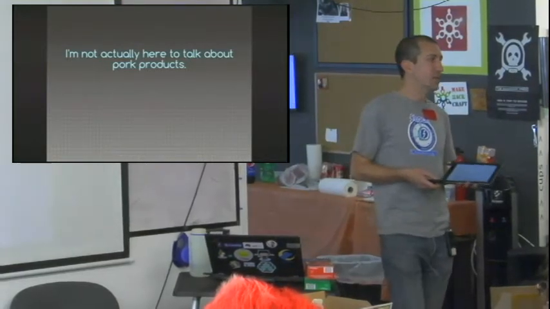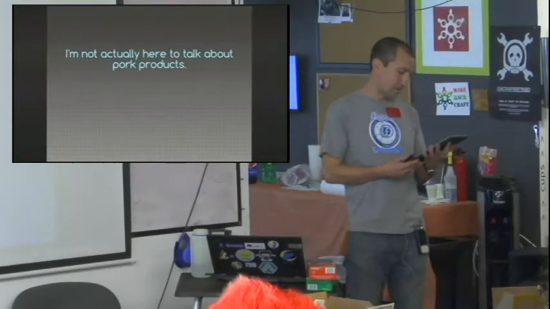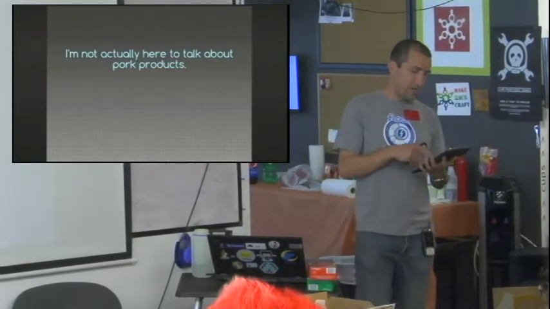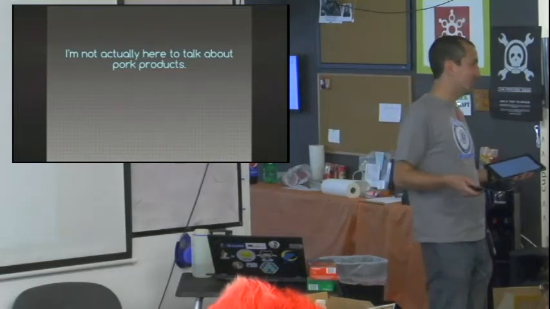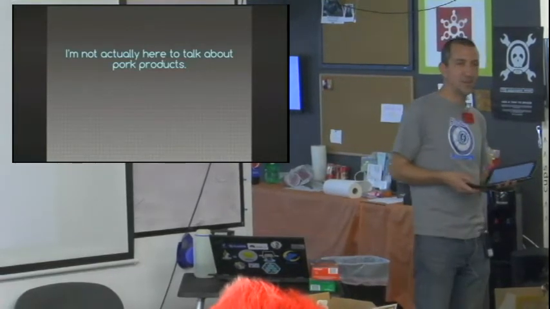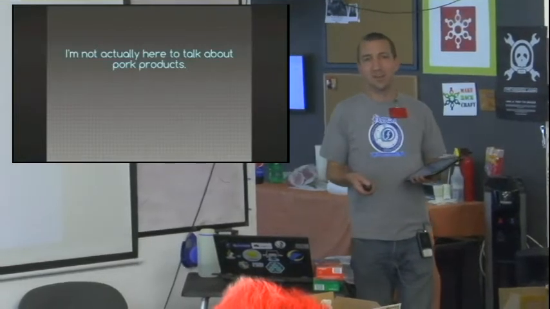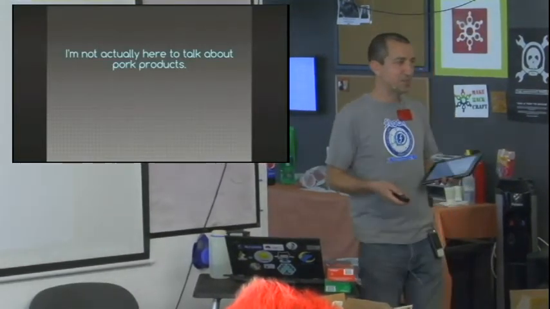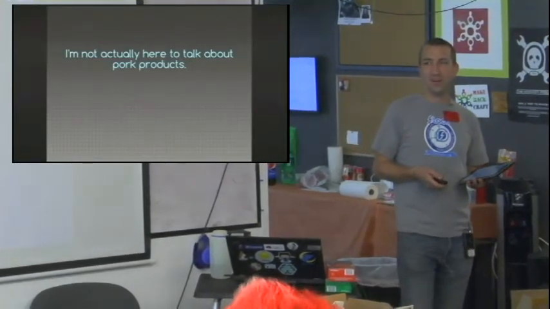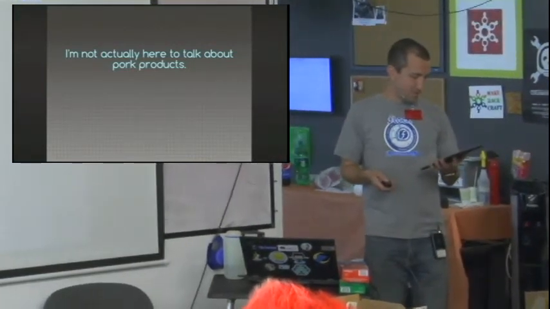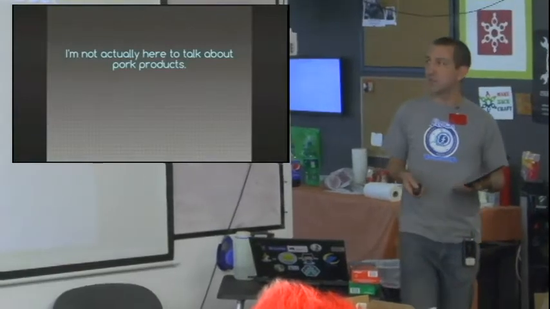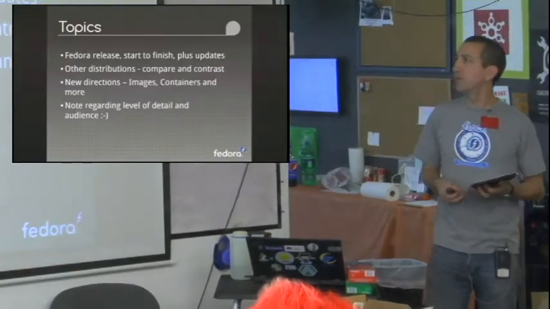So I think it's interesting and it's worthwhile to talk about. And unlike not wanting to know how the sausage is made, I think you really do want to know about this. It's not ugly, it's not disgusting. It won't make you afraid to eat the sausage or use the distribution. Hopefully it'll make you a little bit more confident about it.